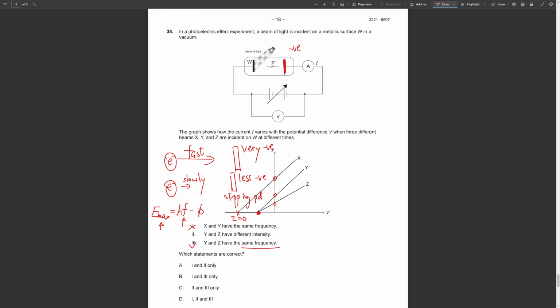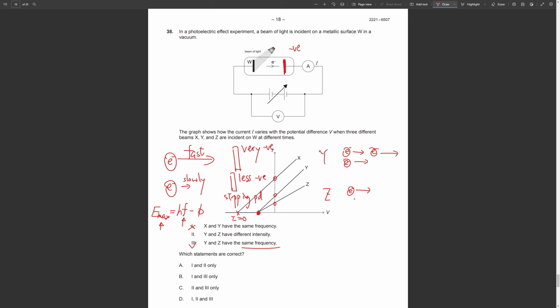Y and Z were the same frequency of light. So what's varying their current? If the electrons are moving at the same speed, why is the photocurrent of Y still higher than that of X? Because in situation Y, the electrons are moving slowly. And so as Z. Z is also moving slowly. But the population of Z is lower.